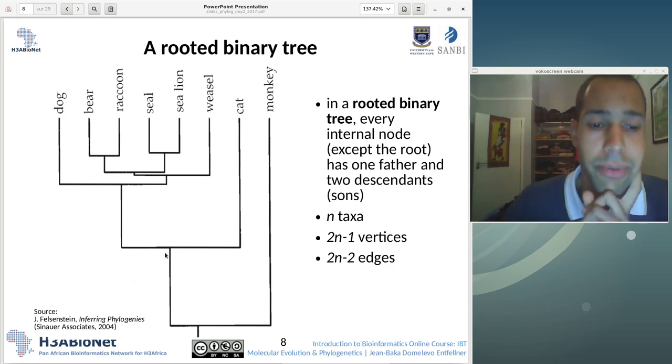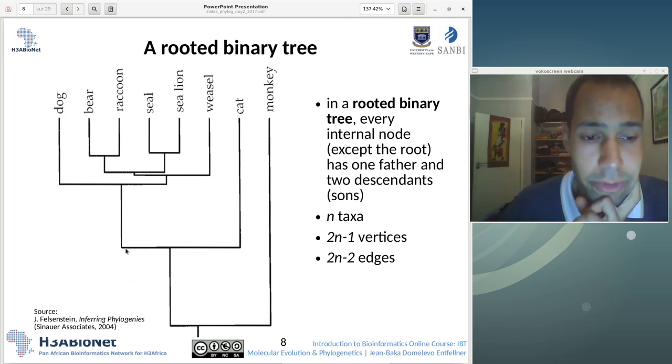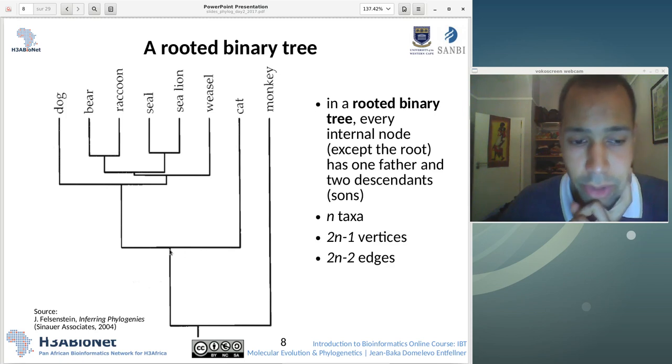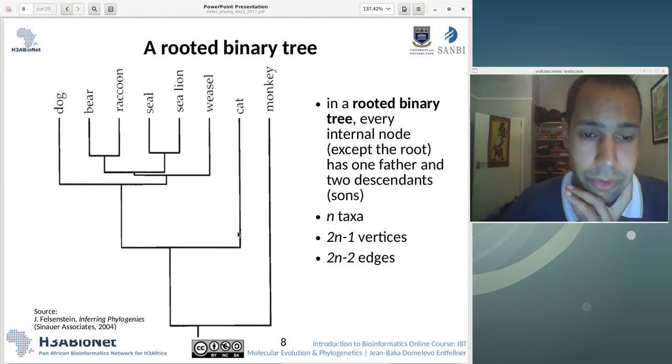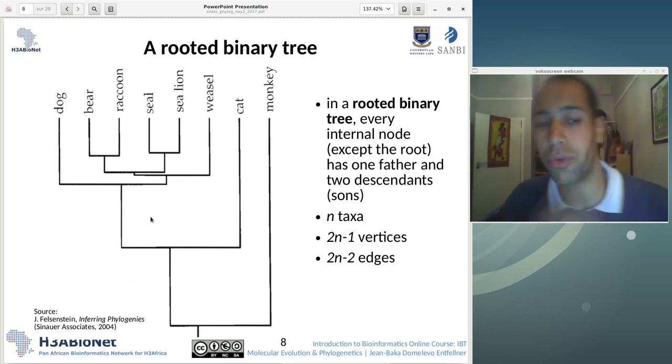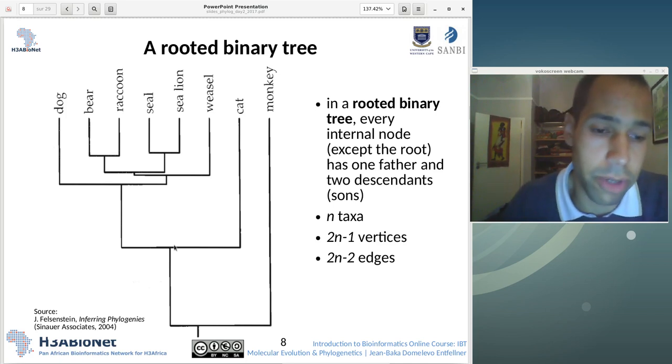In this type of representation, the horizontal lines mean nothing. These horizontal lines have no meaning. It's just an artifact in order for us to be able to draw this tree in the fashion of a cladogram.